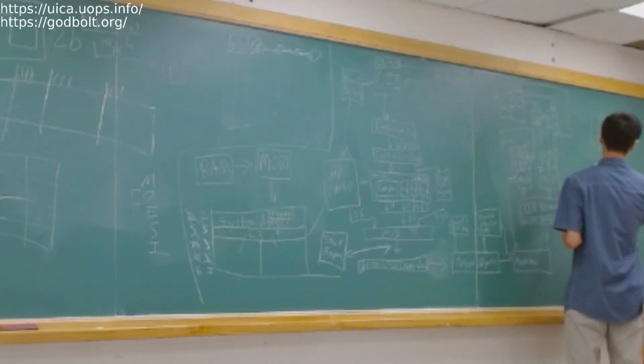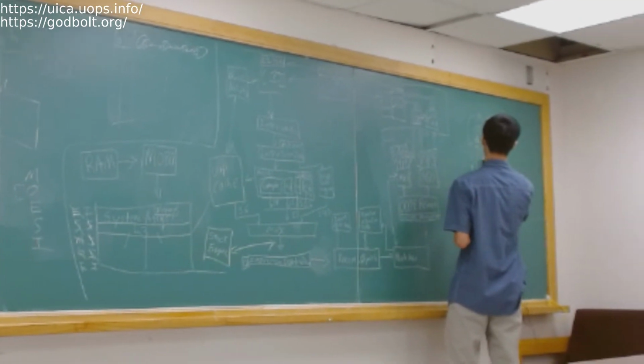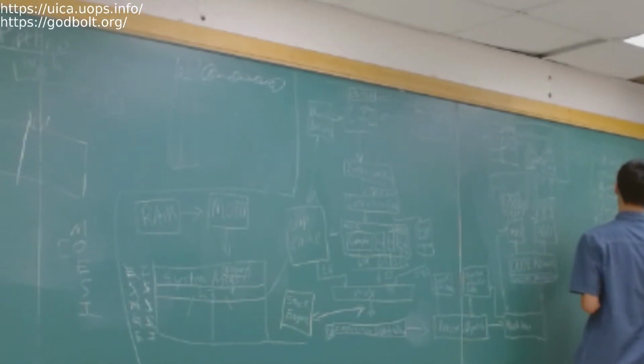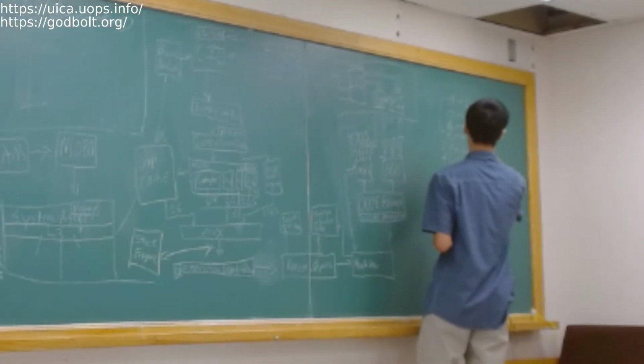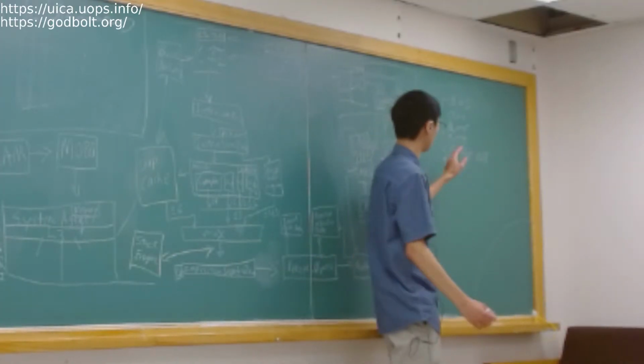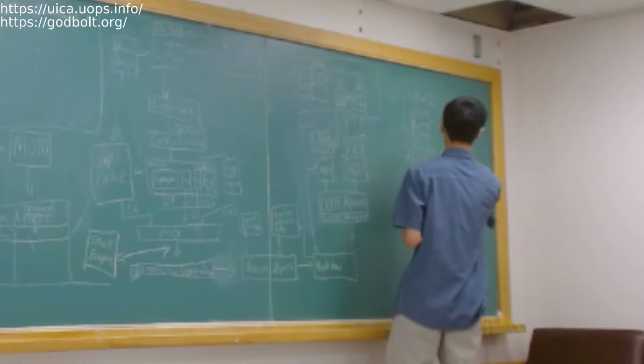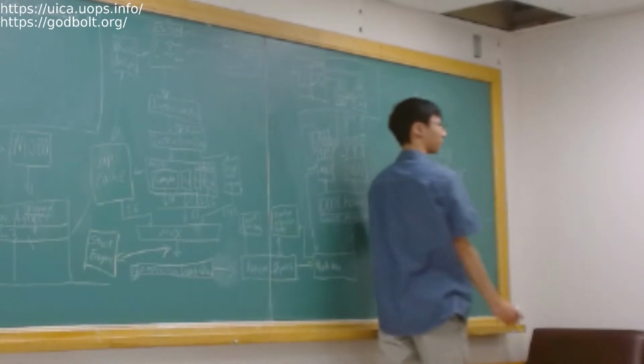So we say we flush, or actually let's create an array. Don't really know how big it is. Let's just say it's a really, really big array. And then we flush the cache for that array. Okay?